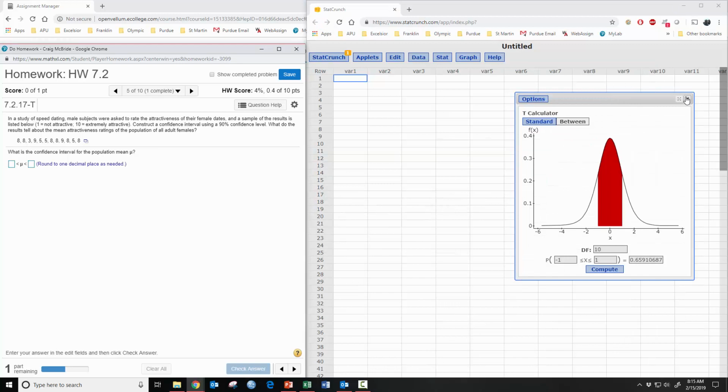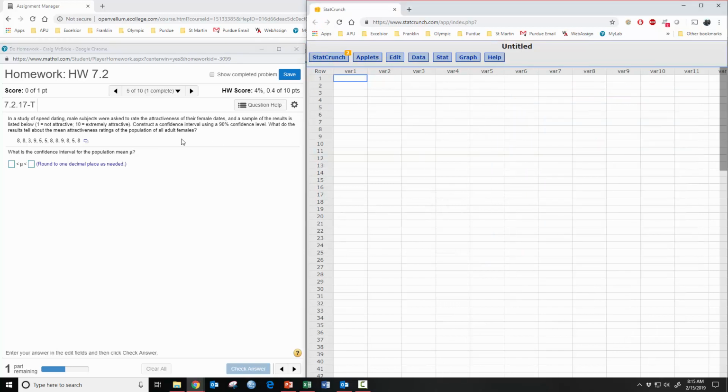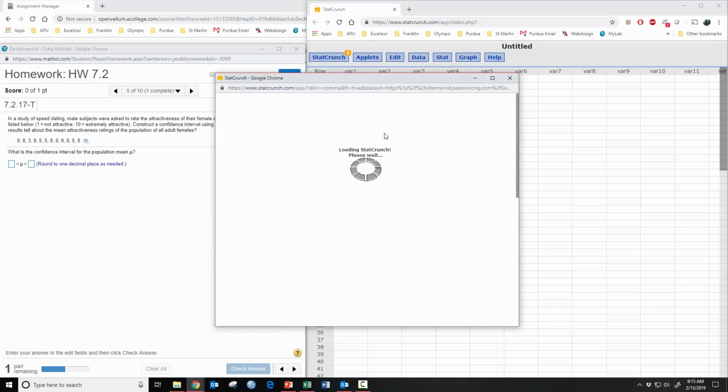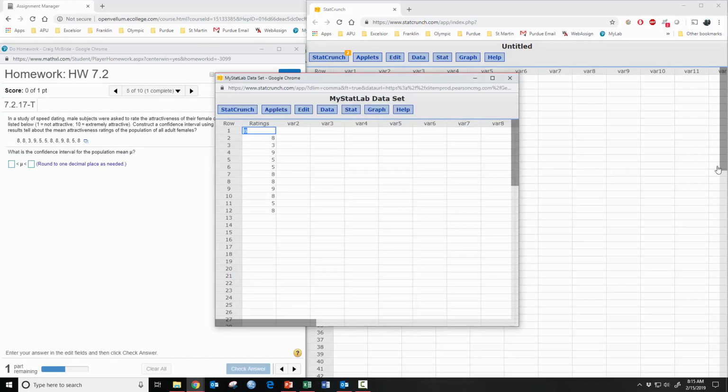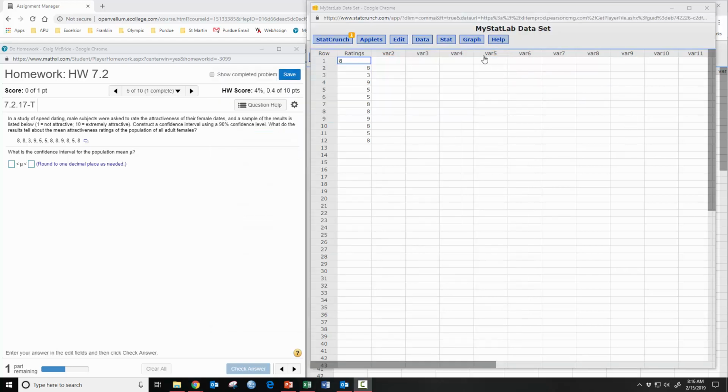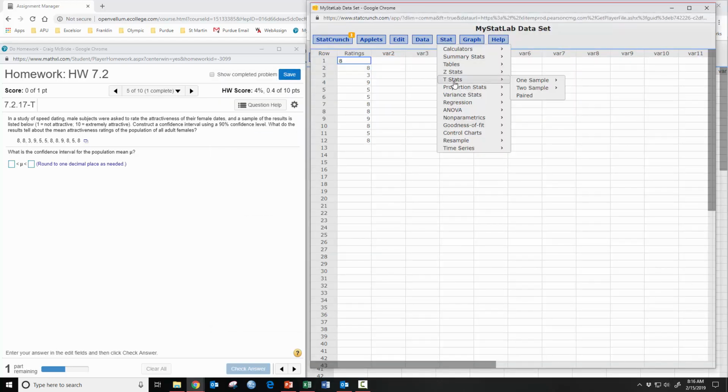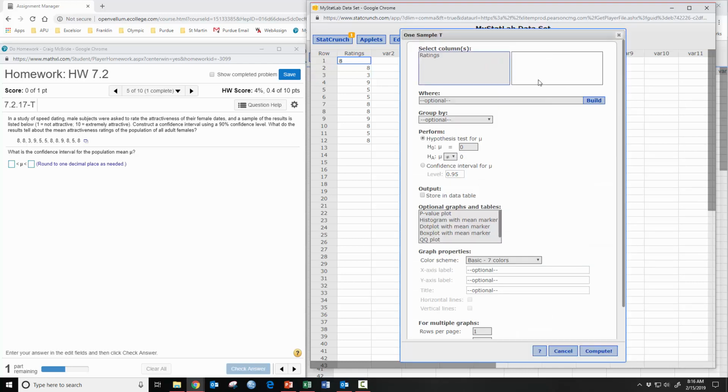For those of you that want to do this stuff in StatCrunch, open it in StatCrunch. Then you just go up here to T-stats, because again, we're running T-stats. One sample, and in this case, we have data.